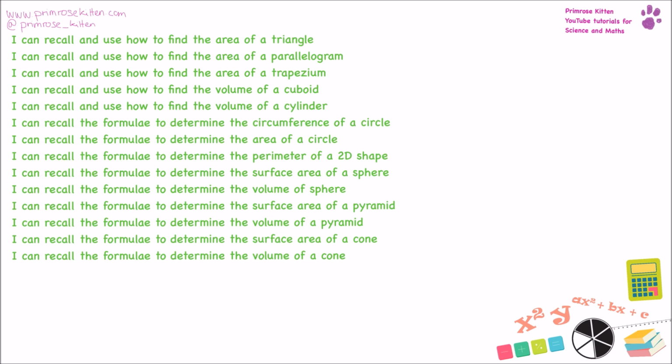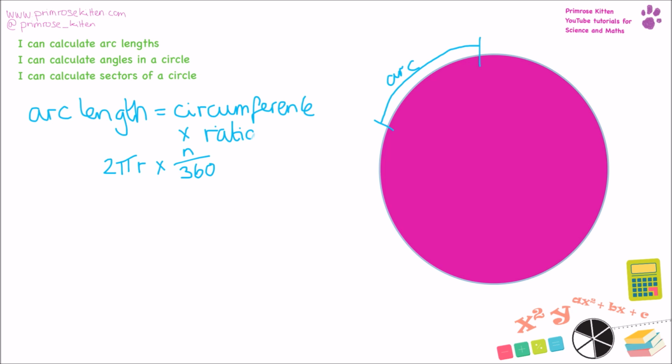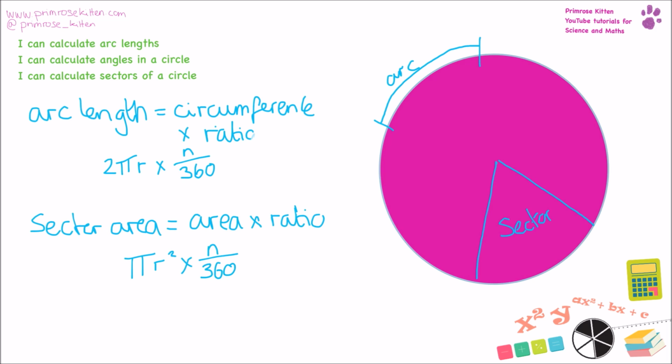To work out the length of an arc, you work out the circumference and times that by the ratio. What I mean by that is the circumference of the whole thing, so 2 pi r. If the whole thing is 360, how many degrees round was the arc? So 2 pi r times n over 360. To work out the sector area is very similar.